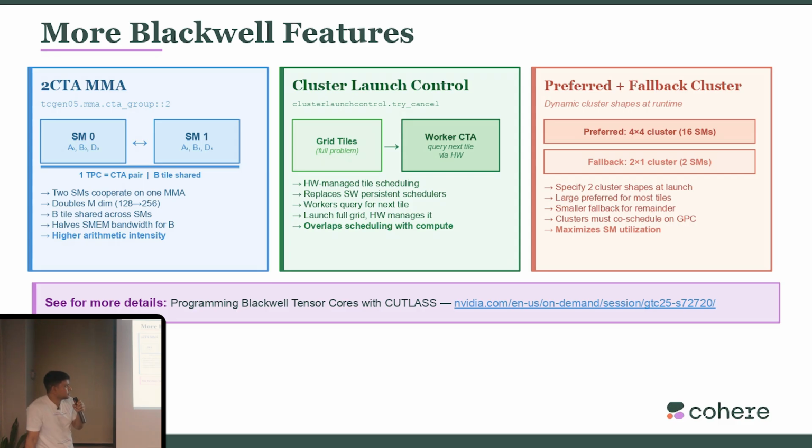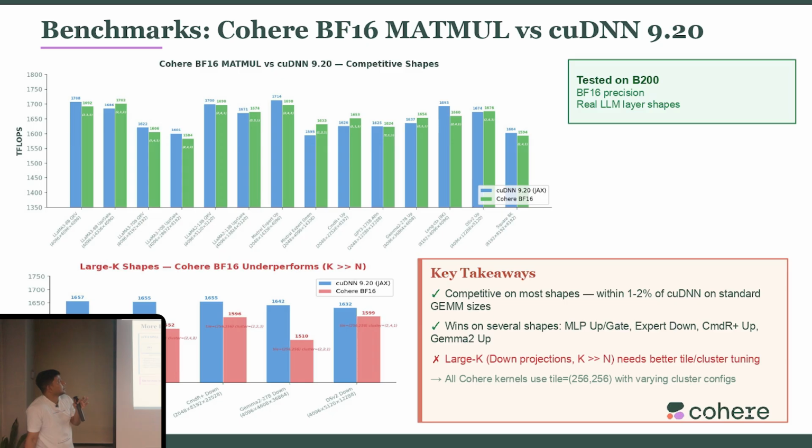So after utilizing all these features of Blackwell, we have our GEMM. This is just on BF16 Matmul. We are comparing our Matmul with cuDNN, which uses cuBLAS, the state-of-the-art library from Nvidia.